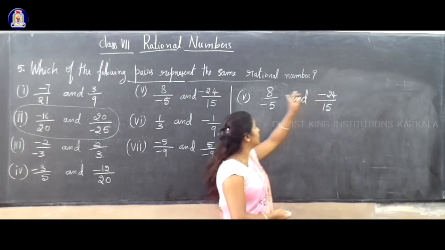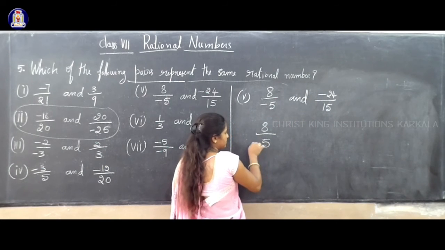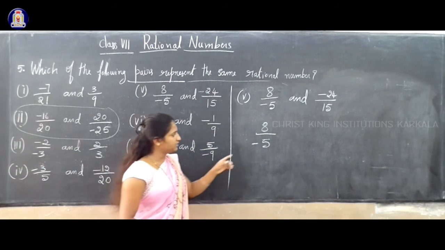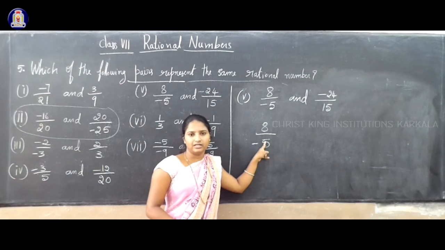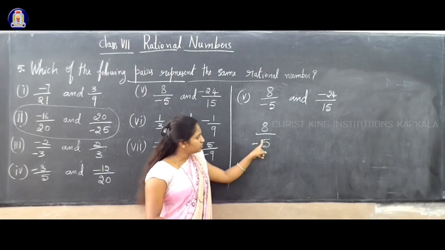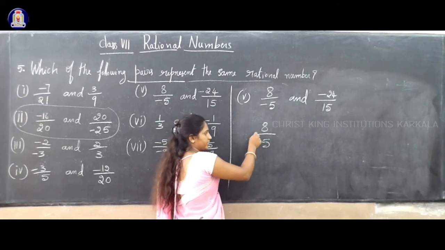See, 8 by minus 5, can you simplify these terms? 8 is an even number and 5 is an odd number. Does any table divide both? No, it does not divide. So in this you have to write it as it is.